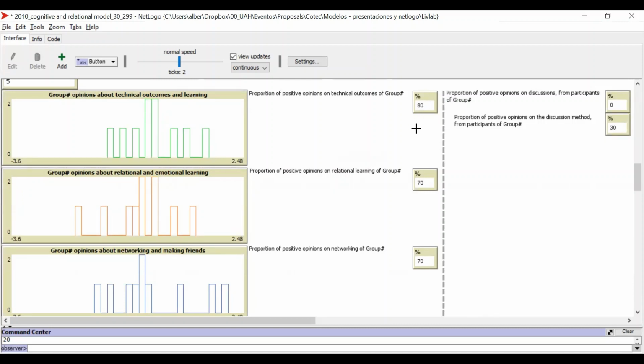And we also have some information on the positive opinions, percentages of positive opinions of the participants of this group, which could be coincidental or not with what the opinions of the rest of participants have.